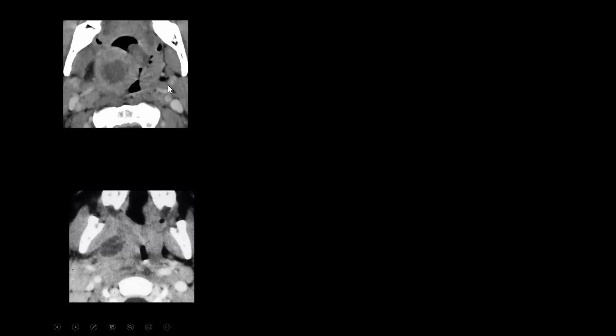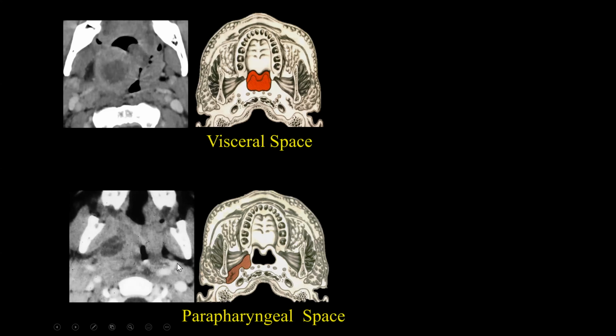Now, this is an example of a patient that comes in with neck infection. So these are two neck infections. Now, this fluid here is a tonsillar or peritonsillar abscess, but in this particular case, this fluid collection is located lateral to the tonsil and actually in this space right here, which is the parapharyngeal space.